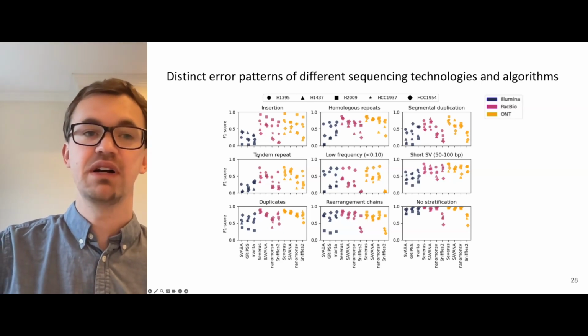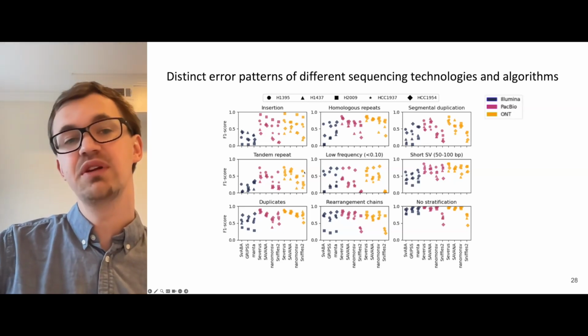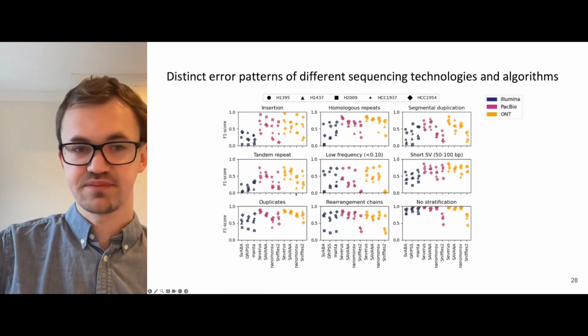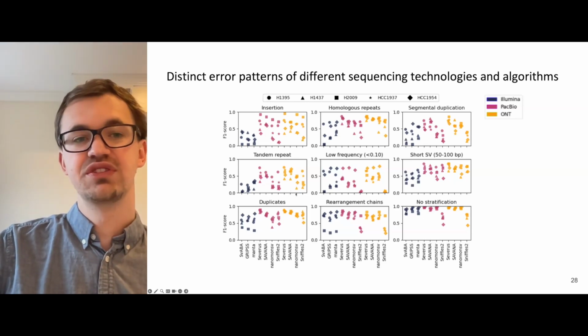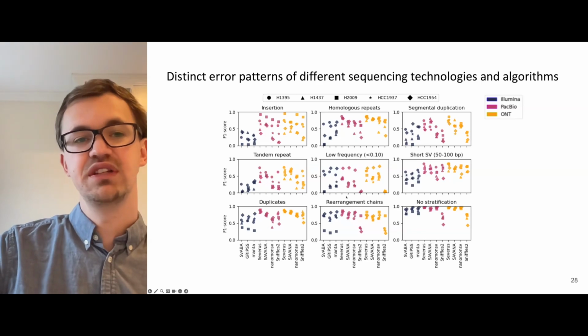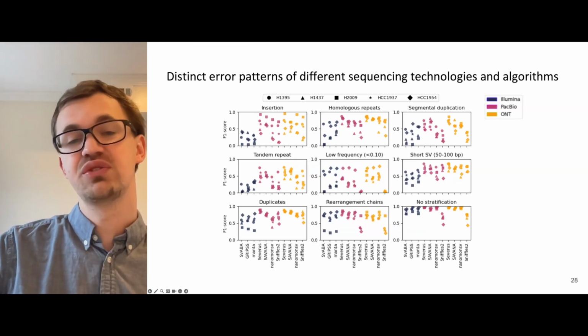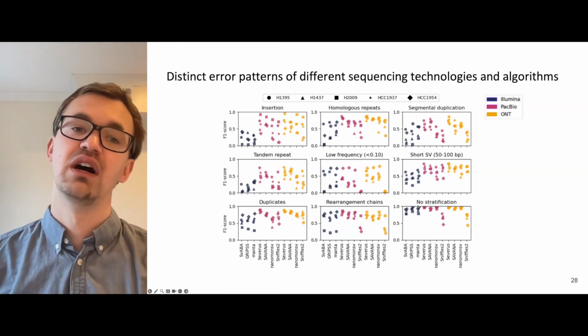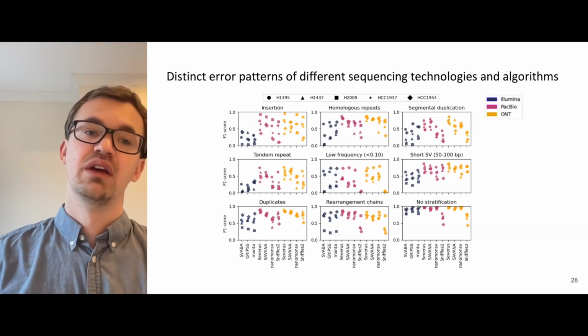In the repetitive parts of the genome, such as segmental duplications and tandem repeats, primarily VNTRs, long reads are doing a bit better, but as you can see, there is quite a bit of disagreement within the long-read methods as well. Of course, the variants with low allelic frequencies are challenging. Short structural variants, so structural variants between 50 and 100 base pairs, are somewhat difficult.